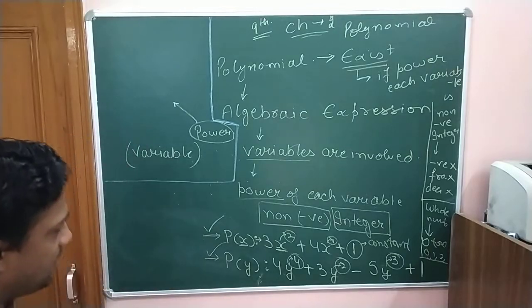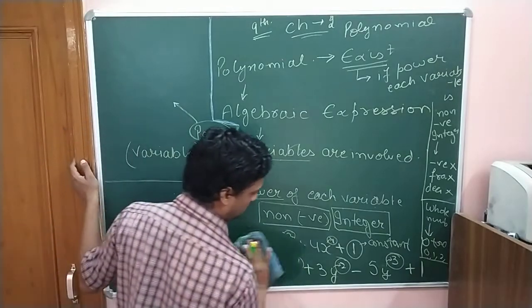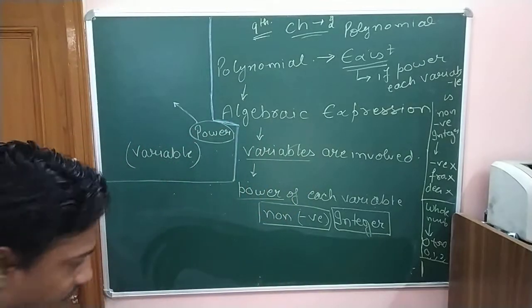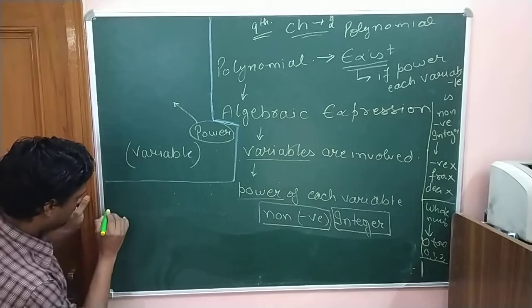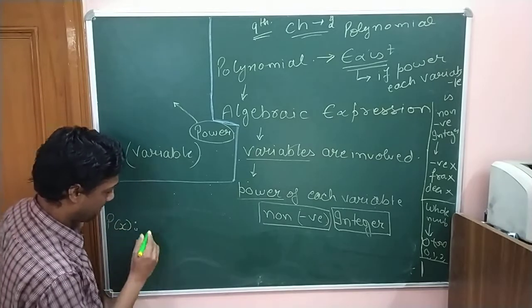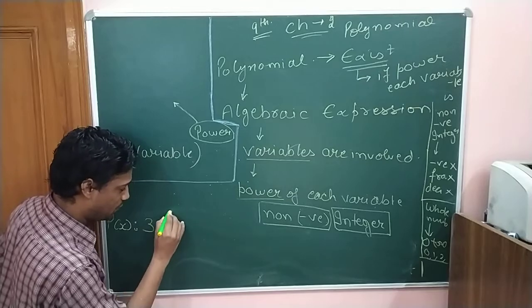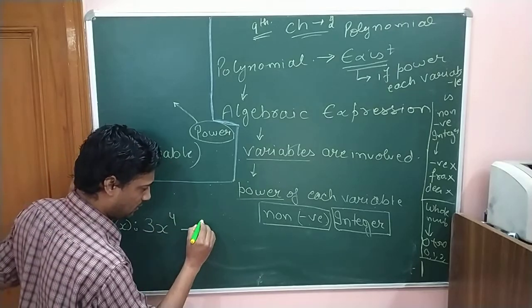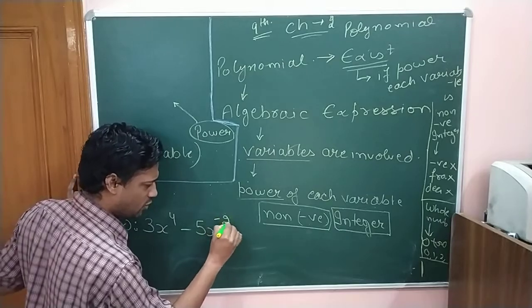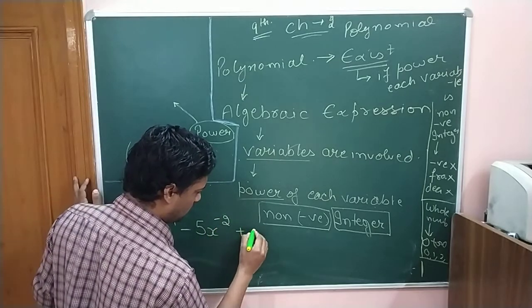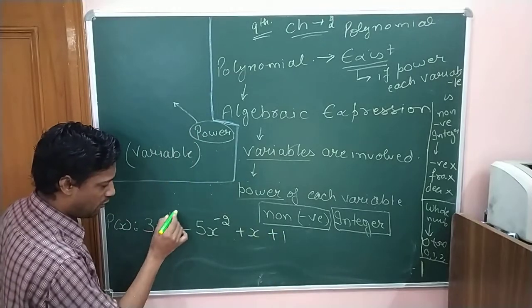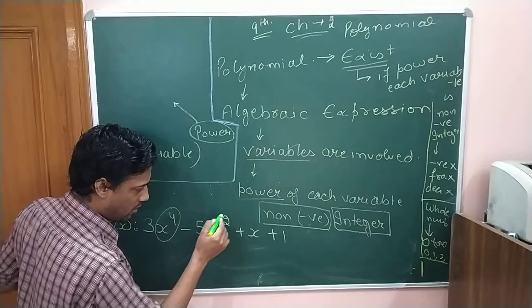Let's take another example. Suppose p(x) = 3x^4 - 5x^(-2) + x + 1. The power of x here is 4.